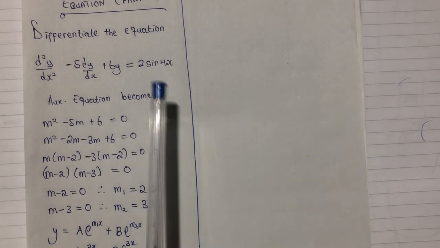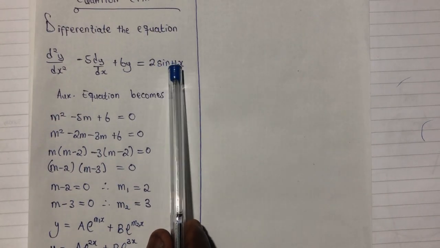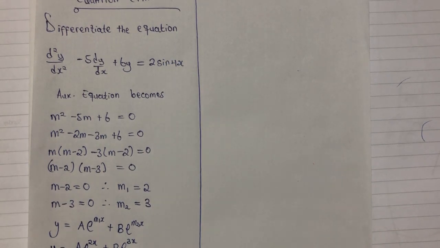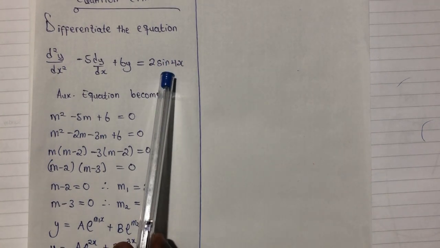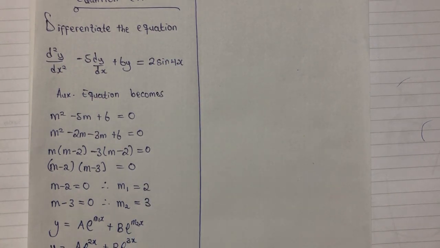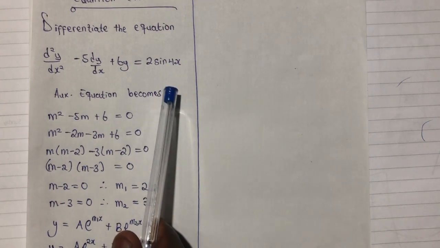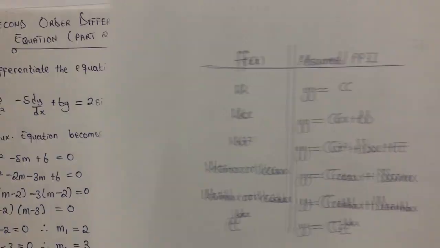Now we need to work out a solution for the particular integral function here, f of x. To do that, we look at the function f of x, and then we go back and assume the particular integral solution for this f of x. So let's see what will happen.